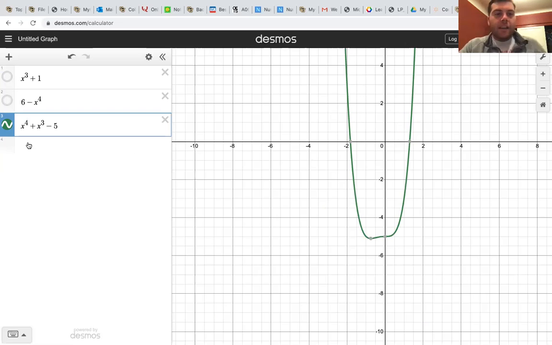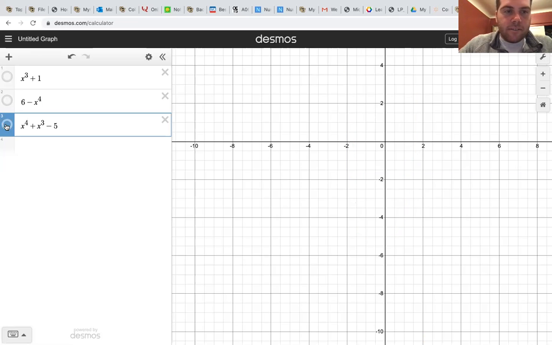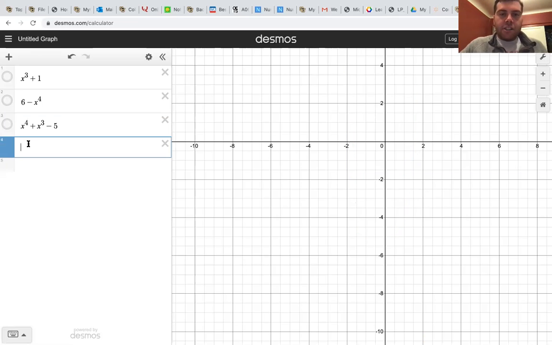And this graphing calculator is very powerful. As a quick tutorial, you can click the buttons on the left to make graphs appear and disappear. You can actually also put in parameters.